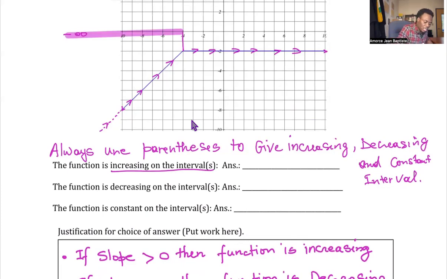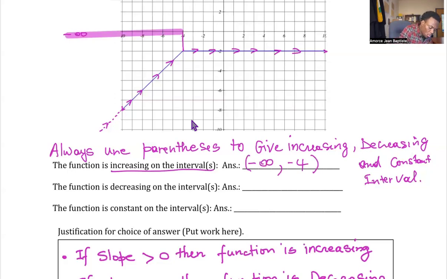So the increasing interval will be from negative infinity to -4. Remember, always use parentheses when you're giving decreasing, increasing, and constant intervals.